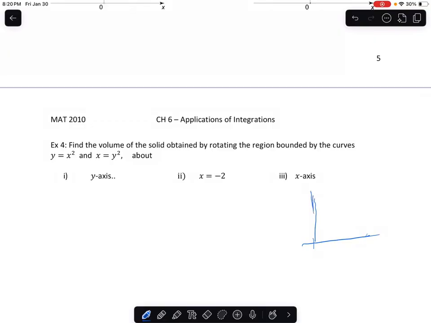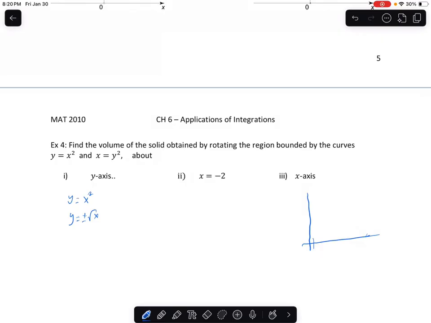If I am going to revolve it about the y-axis, I need the integral in terms of y. For the first case, y is equal to x square, and then y is equal to plus minus square root of x.